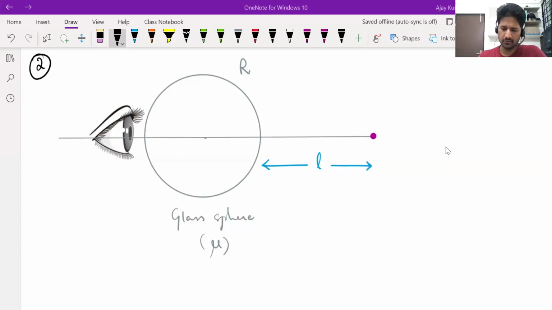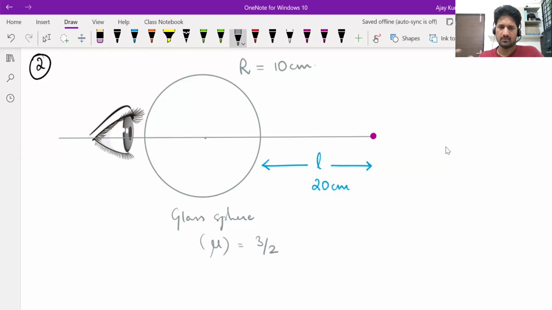See, if it's difficult using these symbols and all, you can make use of these values. Let's say L is some 20 centimeters. And you can assume the radius to be, okay, radius appears smaller than L, so let's take it as 10 centimeters. Refractive index of glass, you can use 3/2.